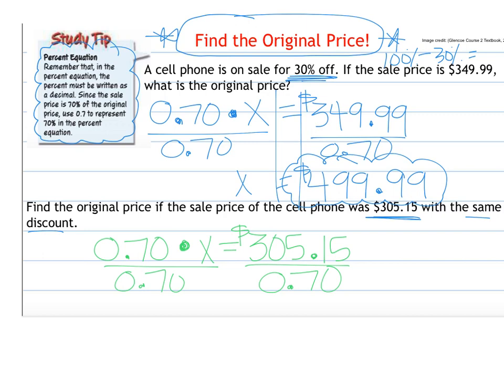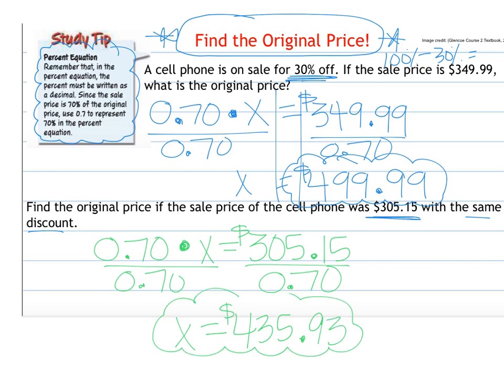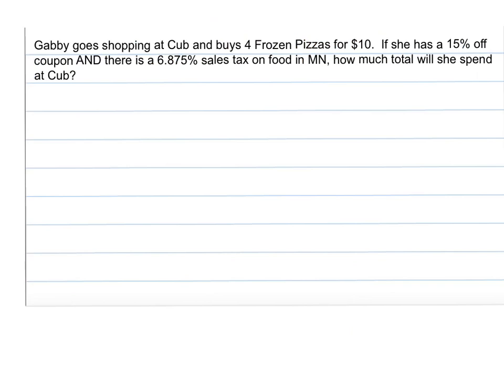So I'm going to do 305.15 divided by 0.7, and I get X equals 435.93, because I round it to the nearest hundredth. So that means we started at $435.93, and we got it for $305.15 with the 30% off discount.